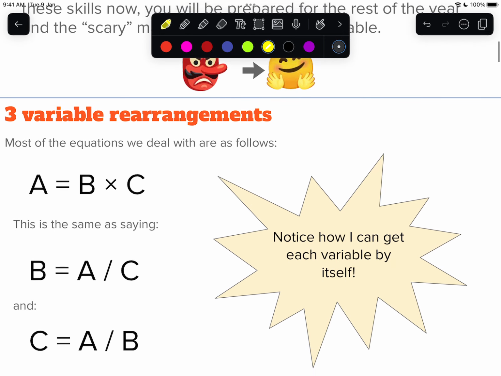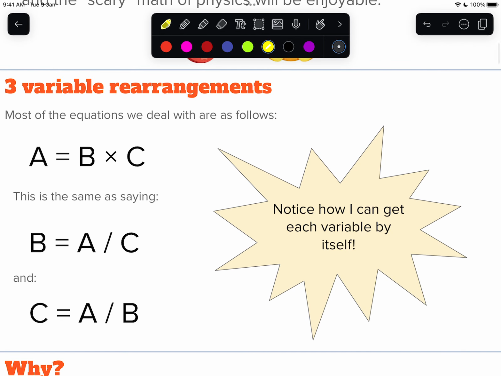So we do lots of three variable rearrangement, and most of the equations we deal with would be something like this, where maybe I have A is equal to an average velocity, and then B would be average velocity times time, and that would give me my change in position.